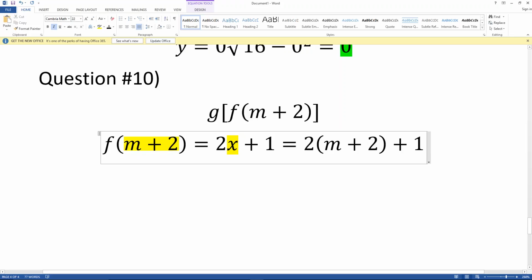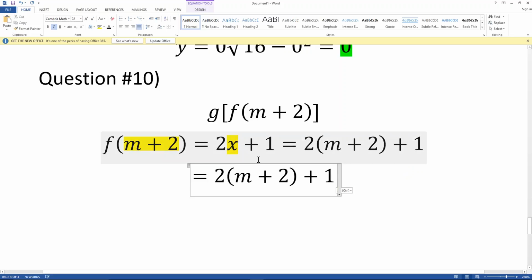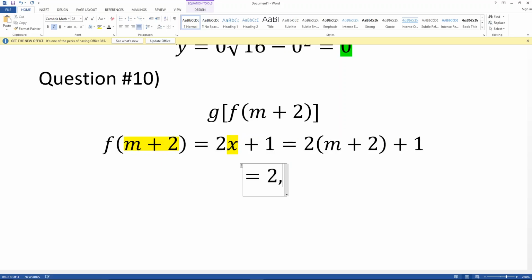Now that equals what? So let's distribute that 2, and what do you get? So 2m plus 4, plus 1, right?